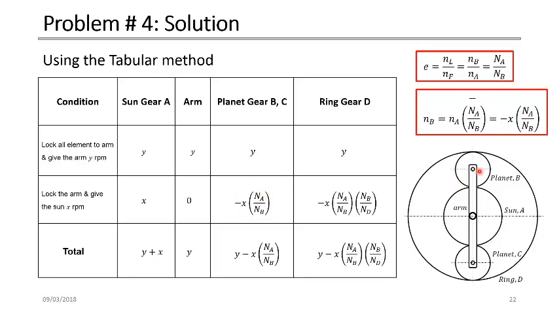We do the same between B and D. We consider that planet gear B is the driver for the ring gear D. So B is the driver, D is the driven.